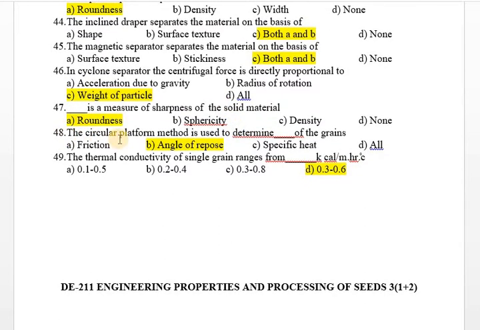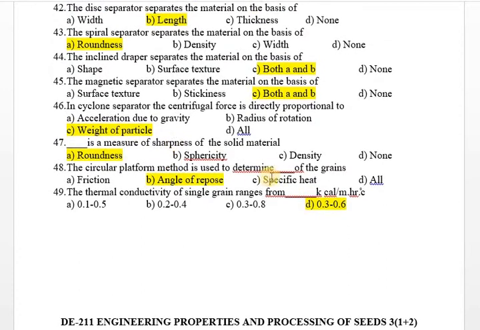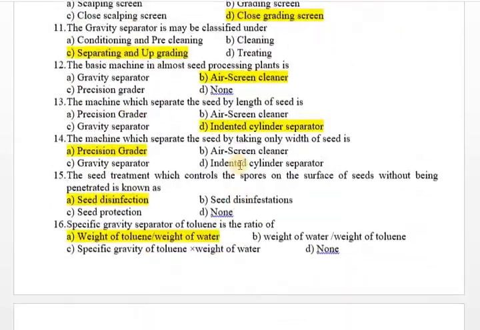The circular platform method is used to determine the angle of repose. The thermal conductivity of a single grain is 0.3 to 0.6 kilocalories per meter per hour degree Celsius. Okay, thank you everyone.